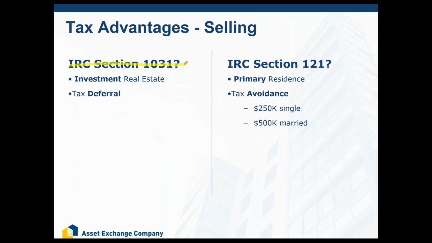Section 1031 is what I specialize in, and that is the tax deferral of investment property. Section 121 is tax avoidance when you sell your primary residence. All right, these two tax laws are available to you when you sell these two types of properties.